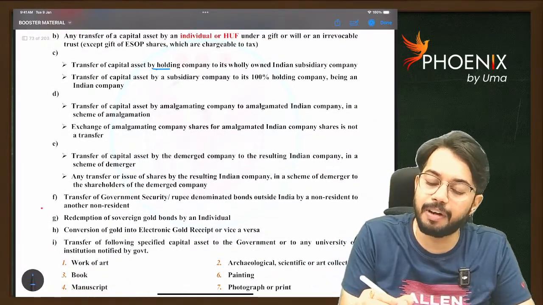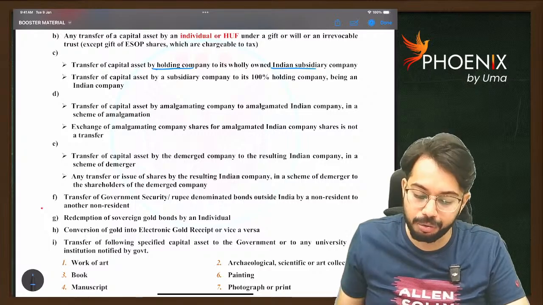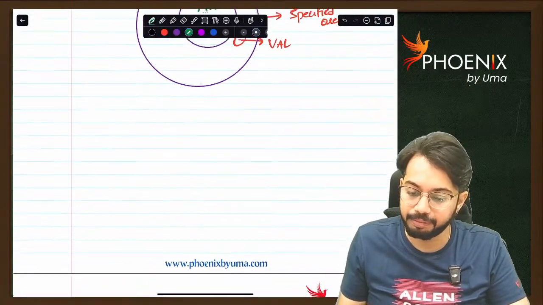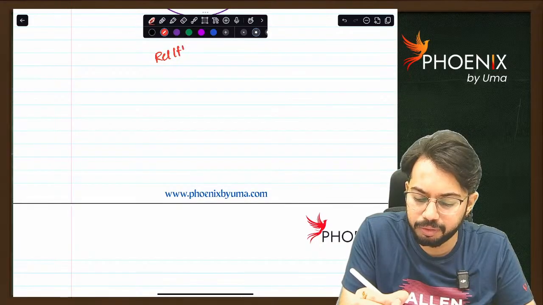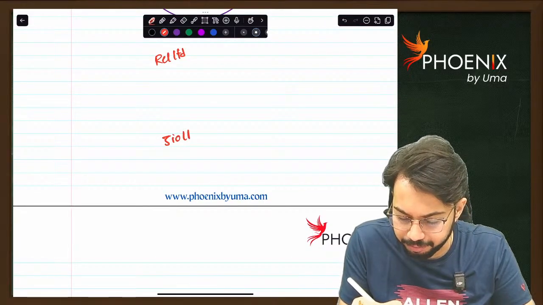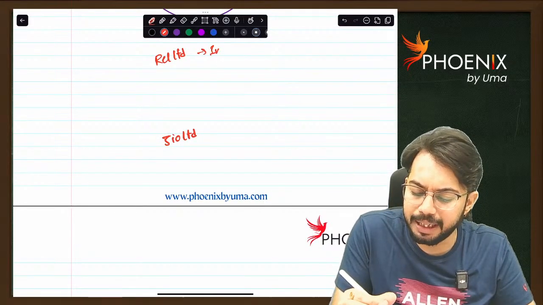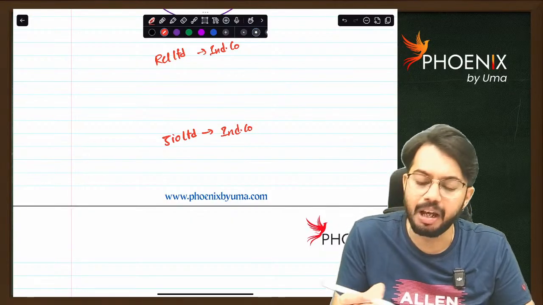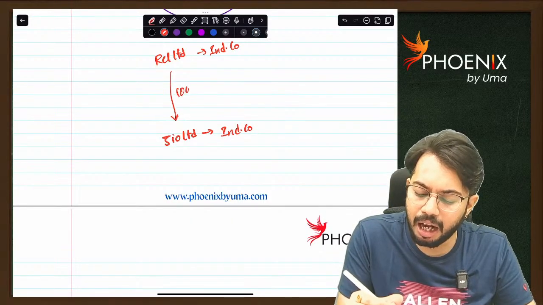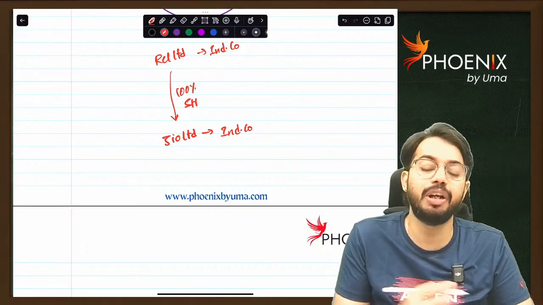Transfer of capital assets from holding company to subsidiary company. Let's say Reliance Limited is there, Jio Limited is there. Both are Indian companies. Reliance is an Indian company, Jio is also an Indian company, and Reliance Limited has 100% shareholding in Jio Limited.